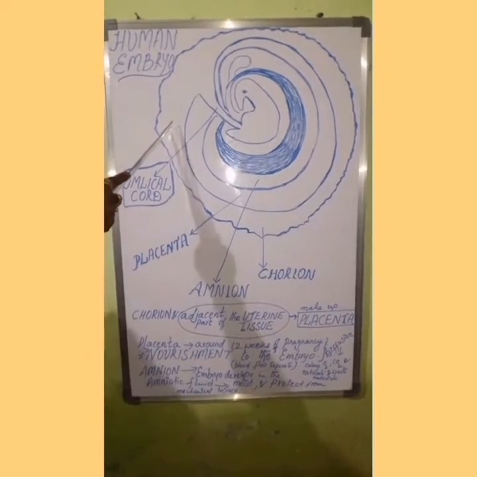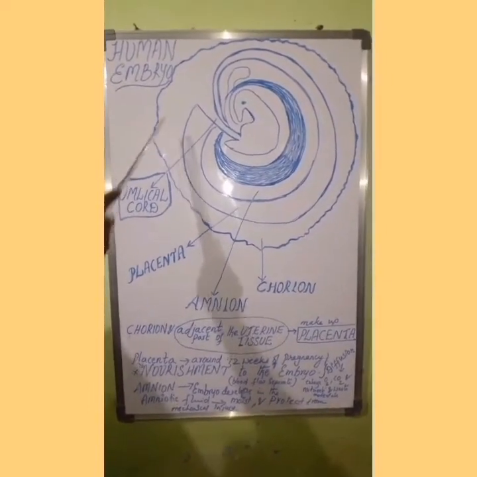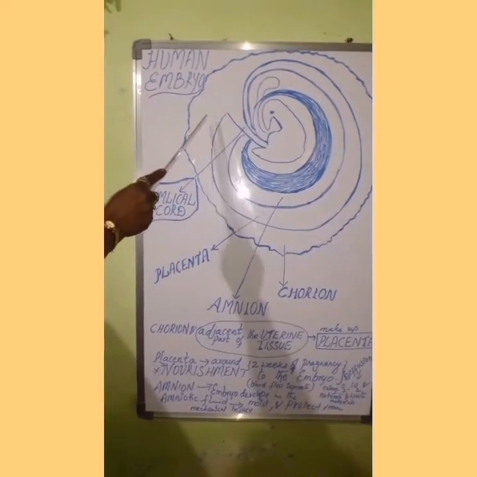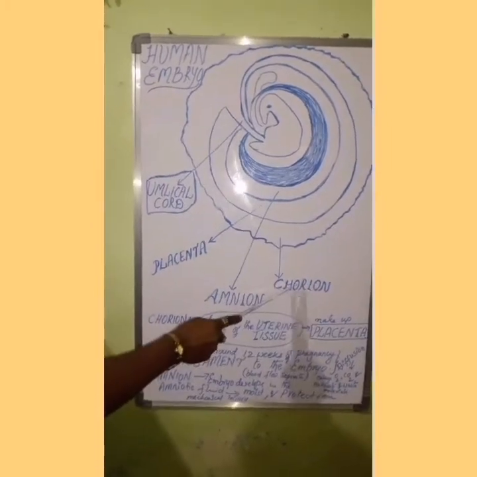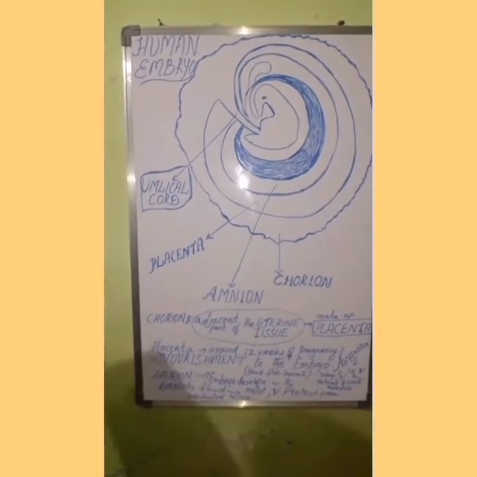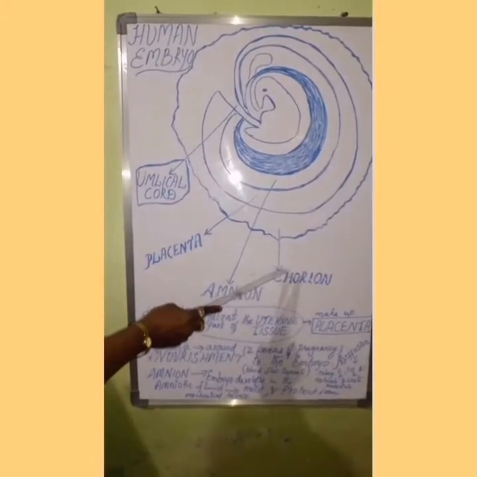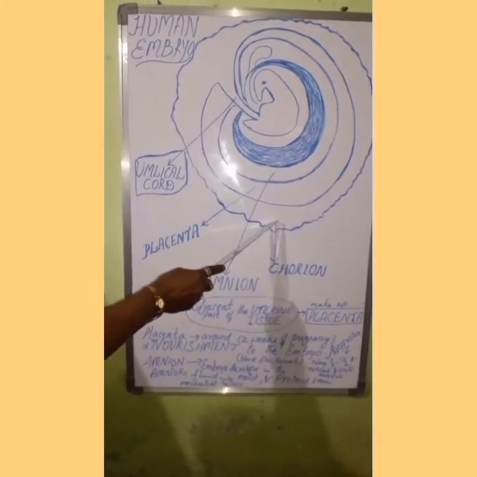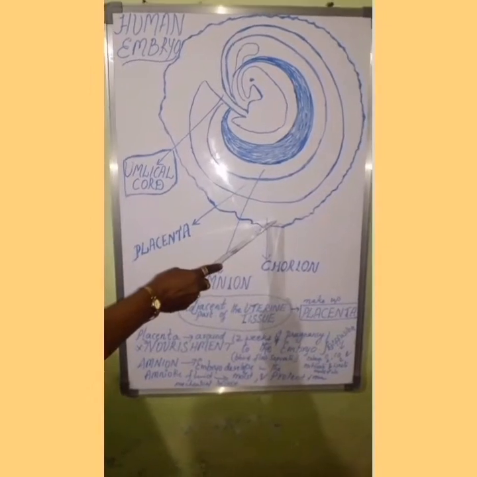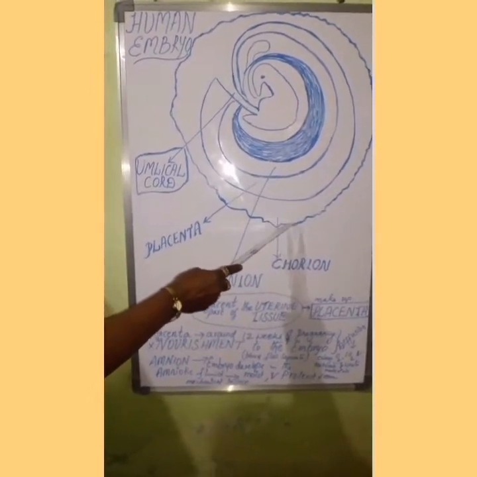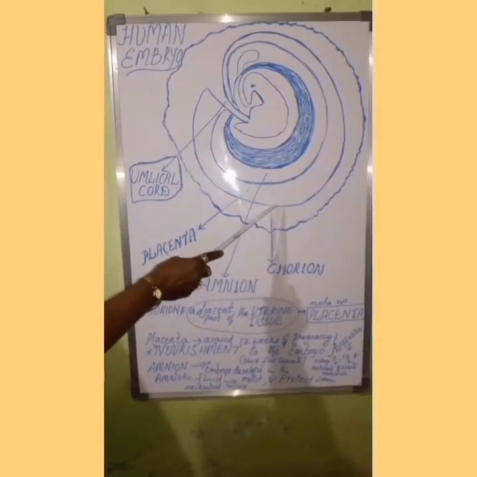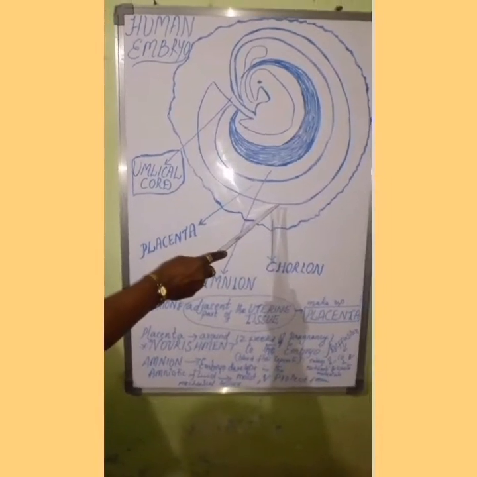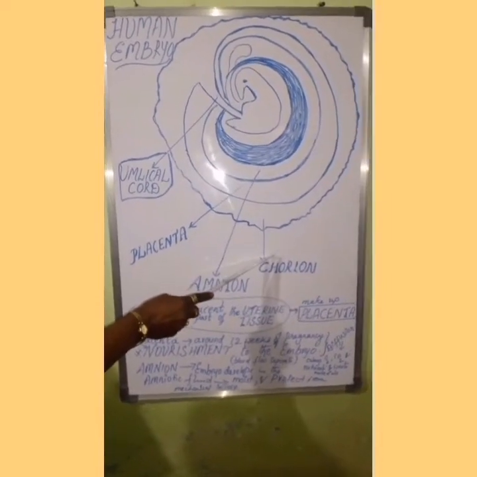The outermost membranous structure with finger-like projections we call the chorion. Into the soft tissues of the uterus, we can observe tiny finger-like projections growing from the surface of the outer membrane called the chorion.